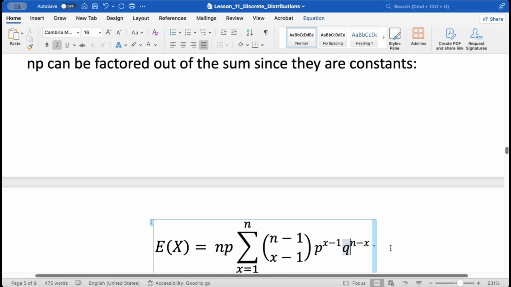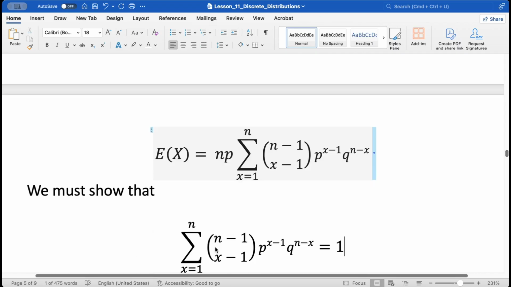A little bit of technical detail here, but what's left is essentially the sum of all the possible probabilities of a binomial, and that sum has to be one whole or 100%. So this entire thing is going to be 1, and that leads us to the value of np.